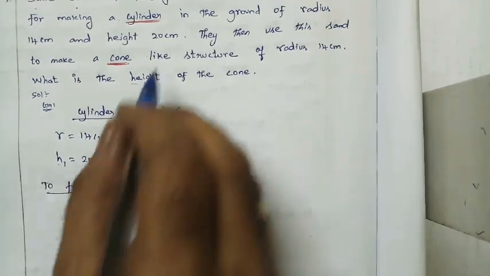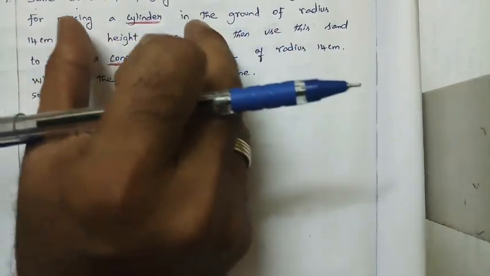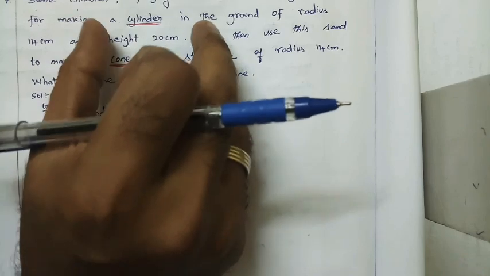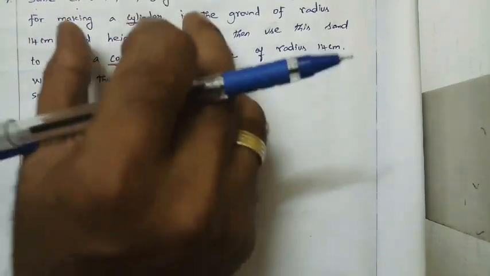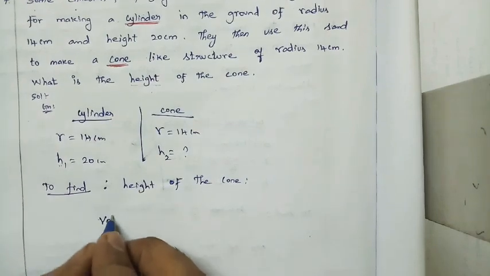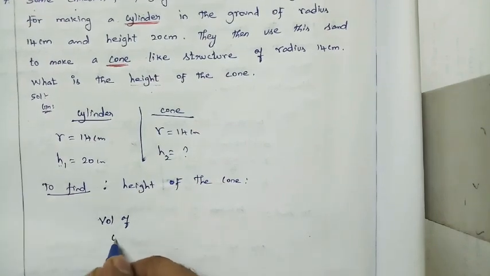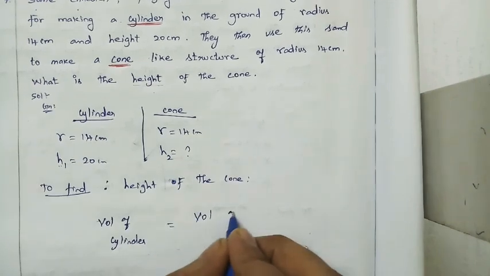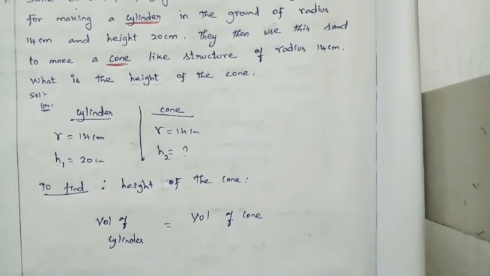So by the question, what is the condition? They are taking the sand in cylinder structure, and once again constructing the same sand as a cone. Therefore, volume of cylinder is equal to volume of cone. What is the formula of volume of cylinder?